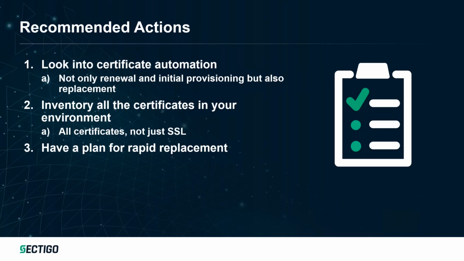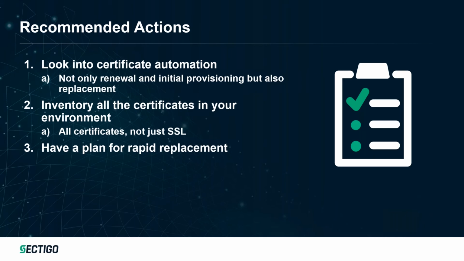Ultimately, it's like saying if I got a phone call right now and there was an existential threat to my PKI and I needed to change every cert I had, what would I do? And that's the plan that you should have in place. And if these 3 things are done, then you really are at least well on your way toward a total certificate agility profile.